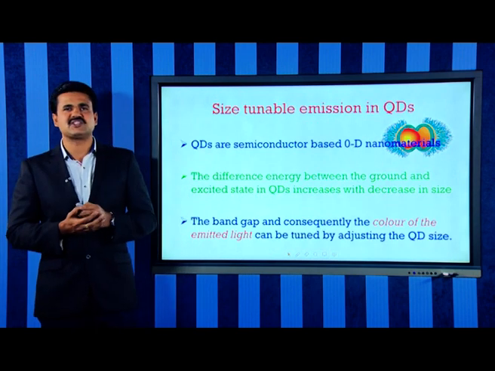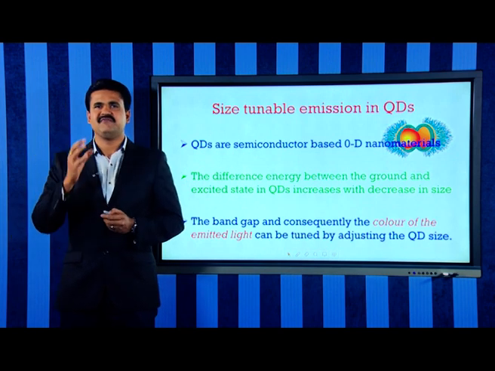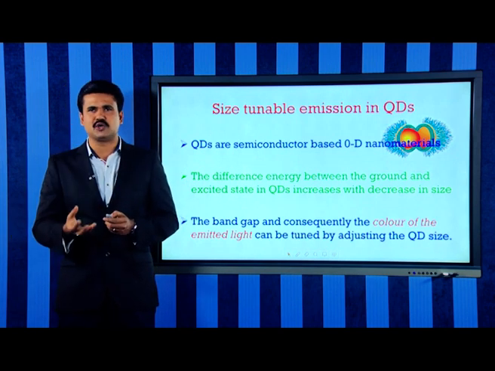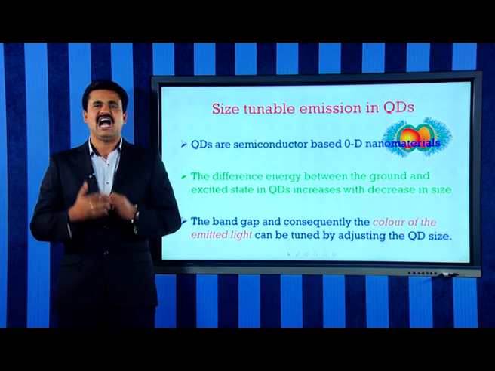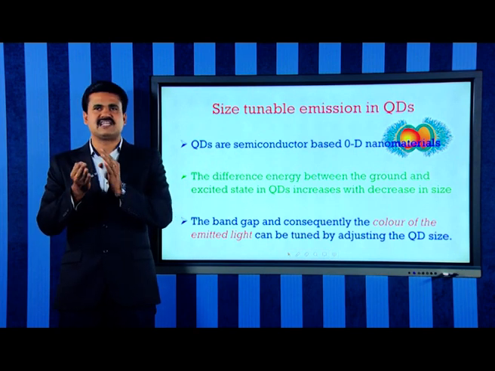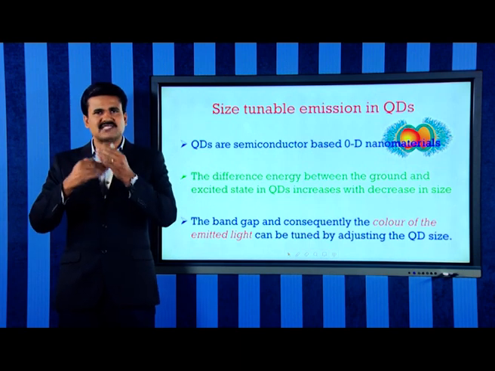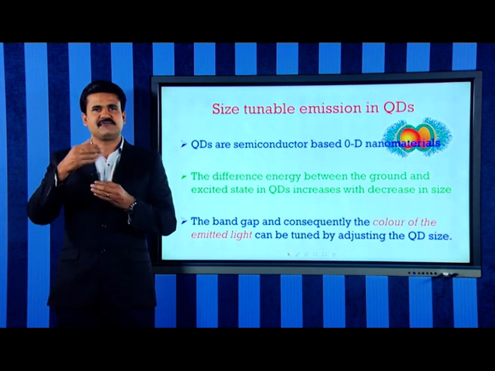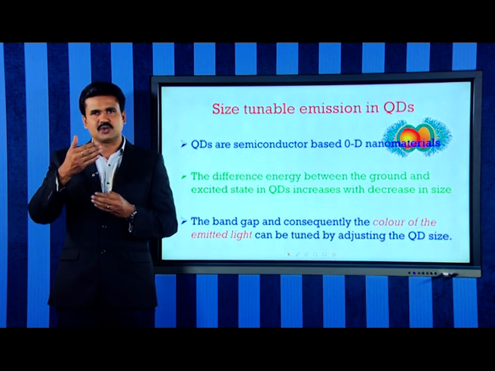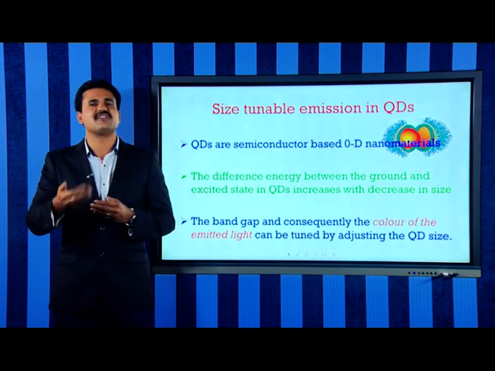Size tunable emission represents that whenever we are taking a quantum dot or such a nanomaterial, and if we change its different dimensions in the nanoregime, it is possible to tune the different colors. It is possible to control the emission wavelength.